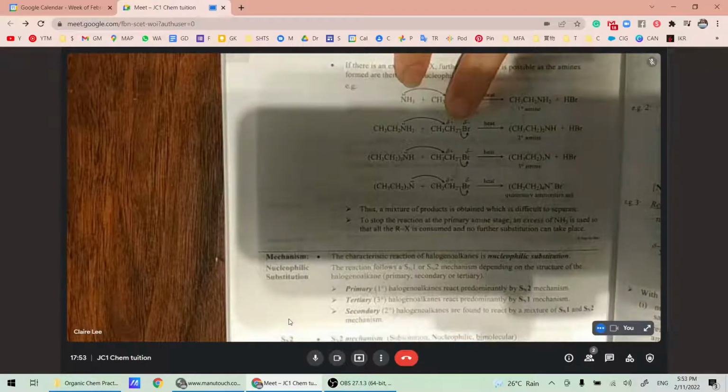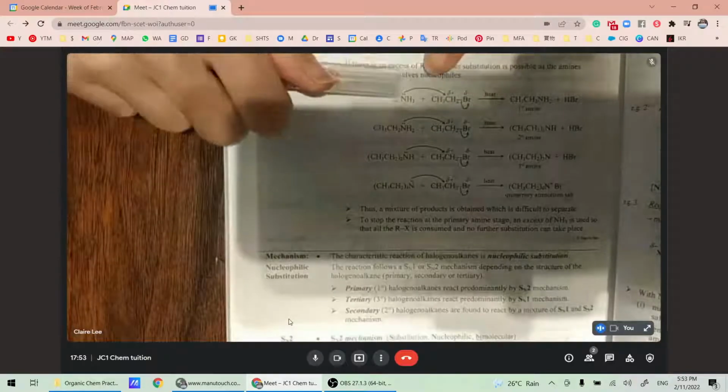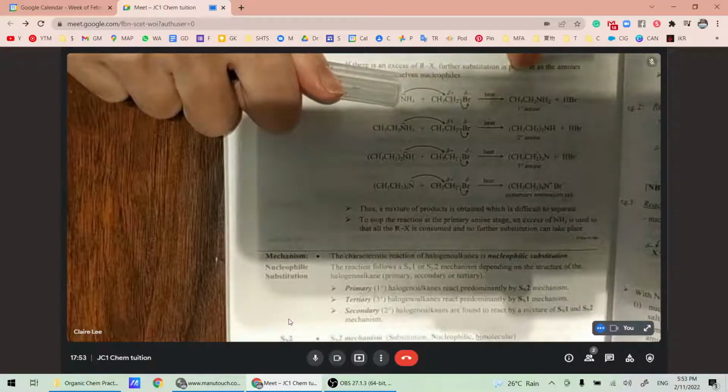So it will attack the halogenated alkane, the bromoethane, more strongly to get a secondary amine. Then the secondary amine will attack again because again, more electron donating groups, stronger nucleophile. So it will attack again to give you a tertiary amine. So this repeats until you get a quaternary ammonium salt.